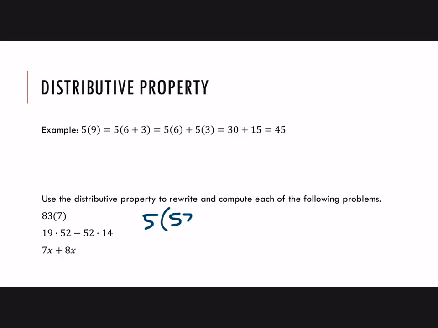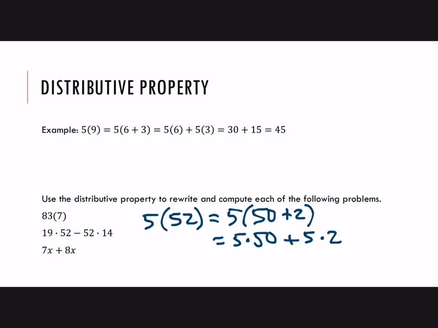All right, so 5 times 52, I can make that 5 times (50 plus 2). And then that gives 5 times 50 and 5 times 2. So I use the distributive property again. And that's 250 plus 10, which is 260.